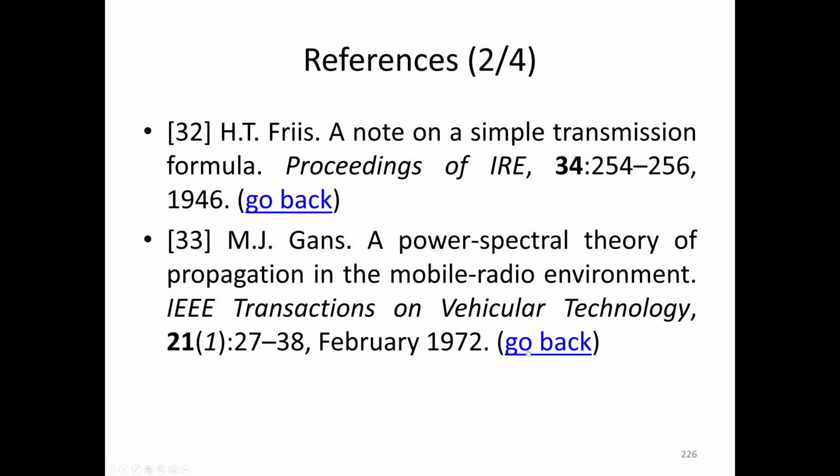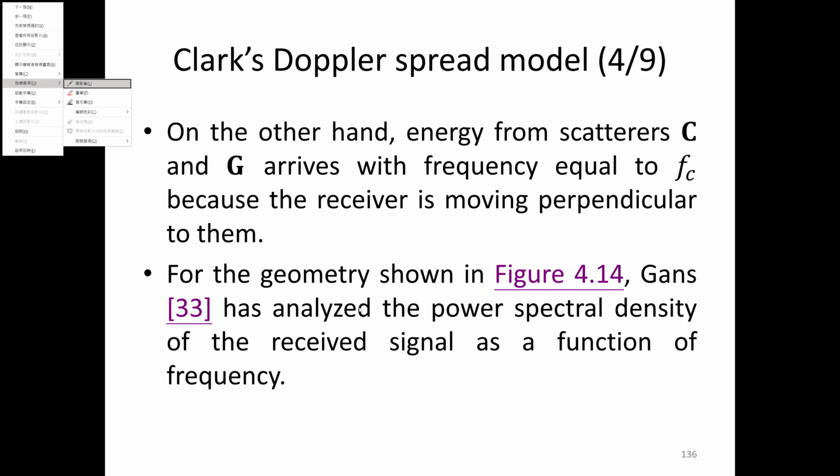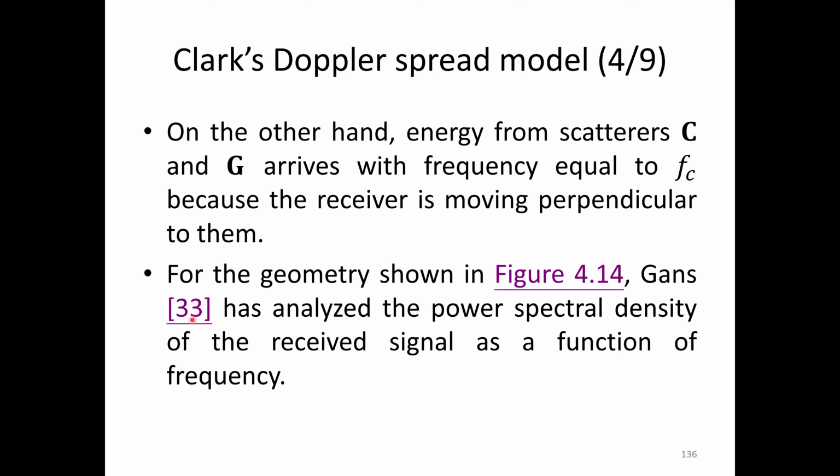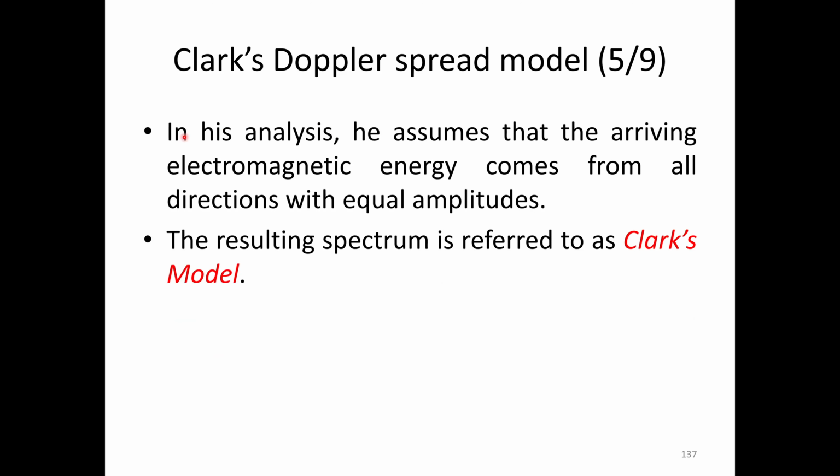Okay, let us go back. Okay, Gans reference 33 has analyzed the power spectral density of the received signal as a function of frequency. In his analysis, he assumes that the arriving electromagnetic energy comes from all directions with equal amplitudes.